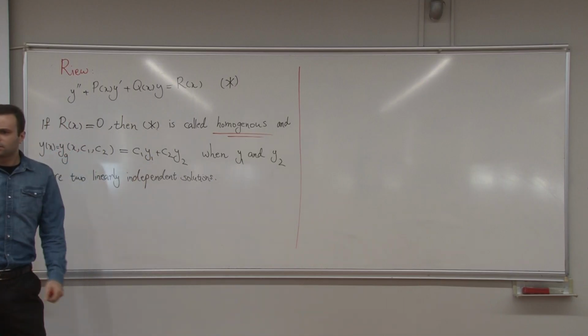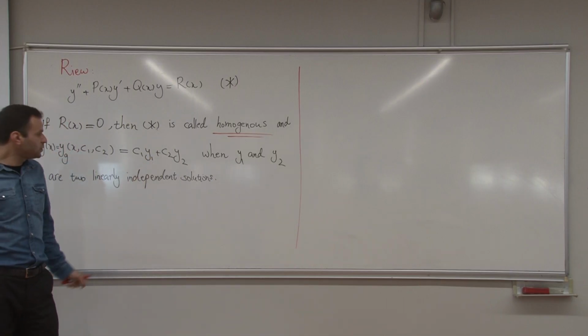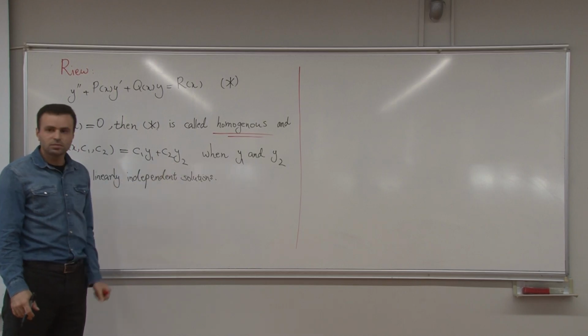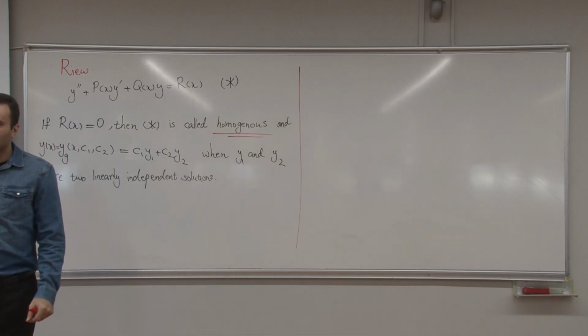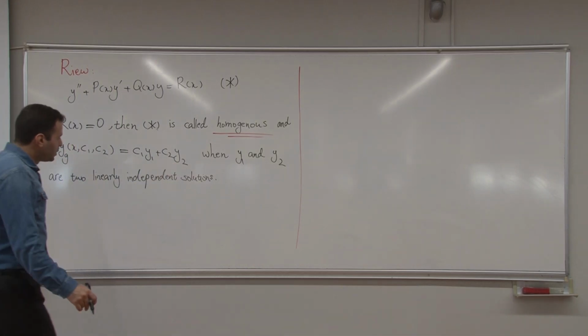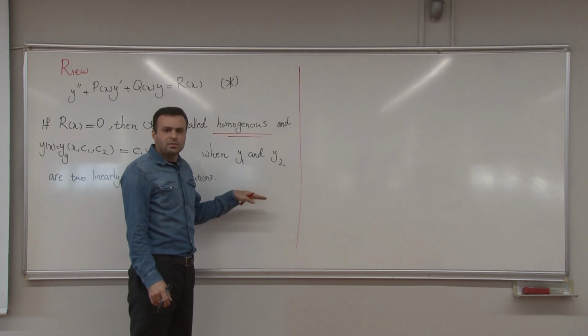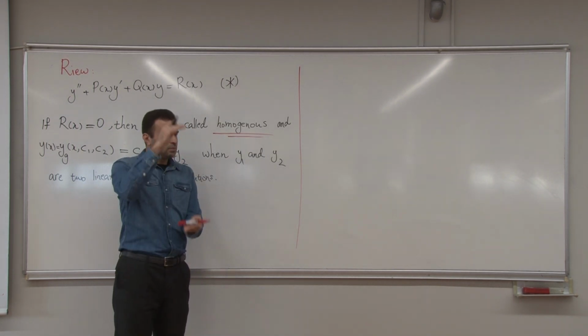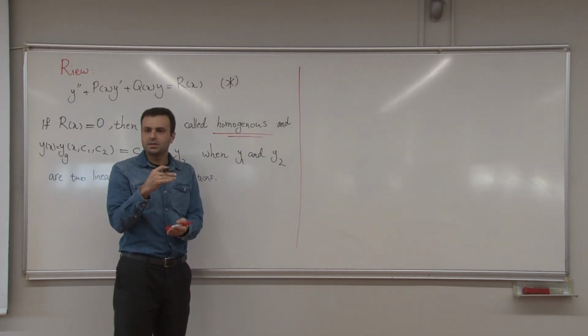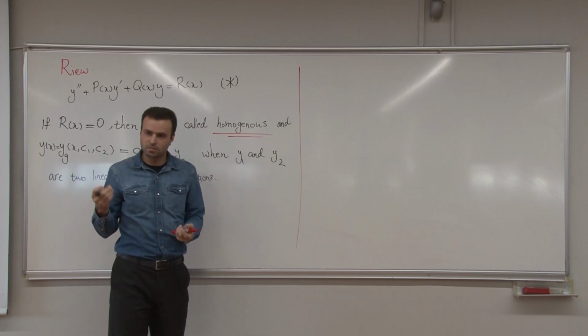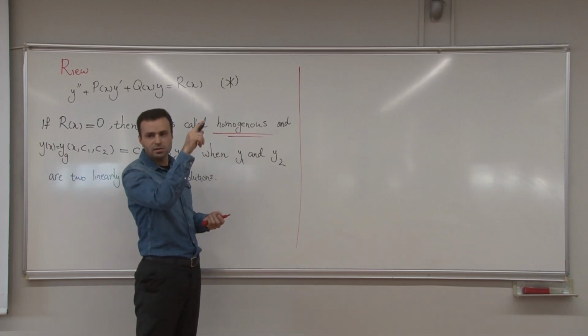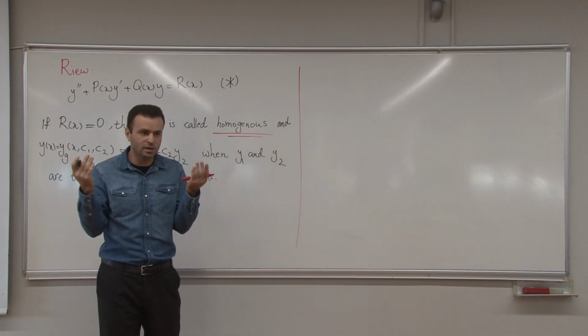What was the equivalent formulation for these two functions to be independent? Yes. They are dependent if you divide them by each other and the result is a constant. For instance, e to the power of x and 2 times e to the power of x.